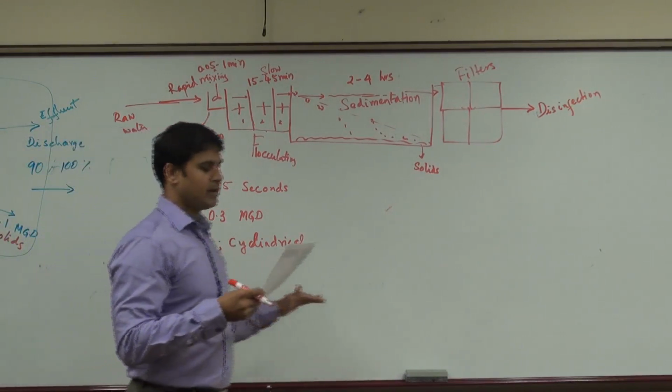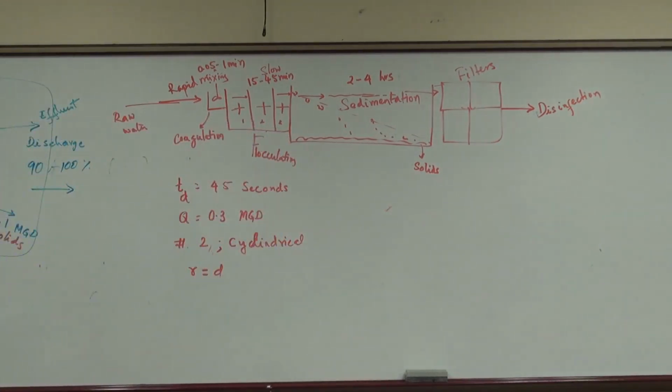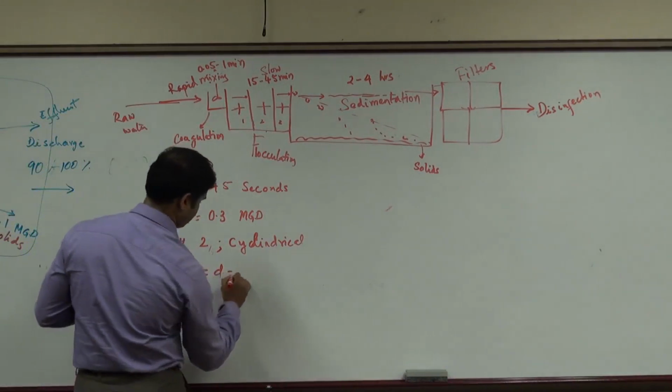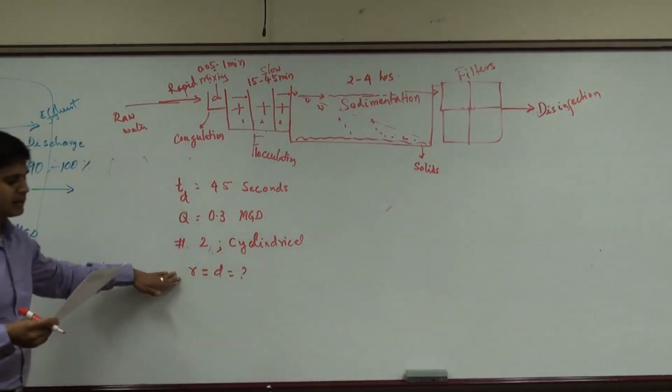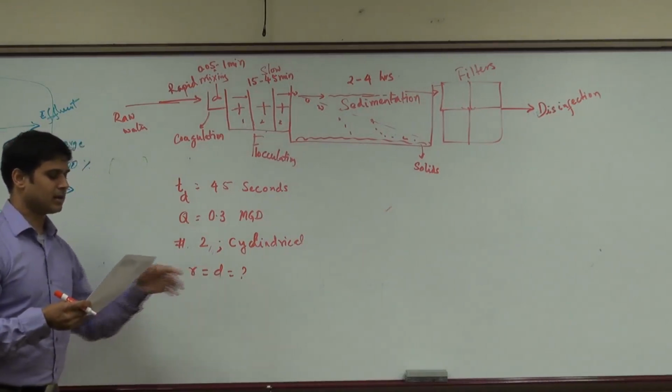The minimum depth is most nearly... cylinder. So what do you need to know first? It's asking you to get the depth. So the radius is equal to depth, and then it's asking you what's the depth.